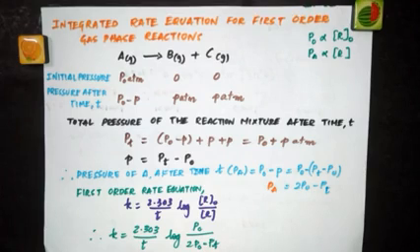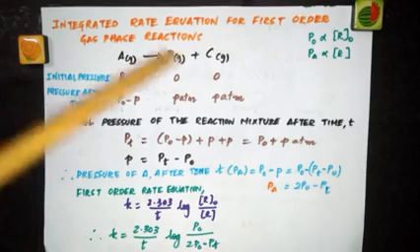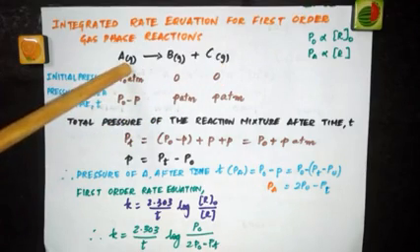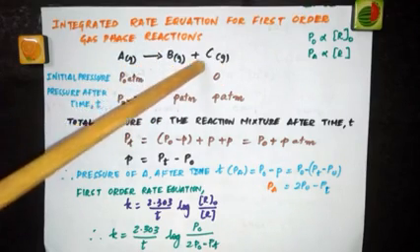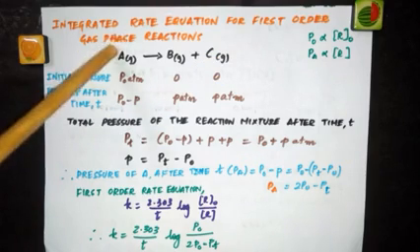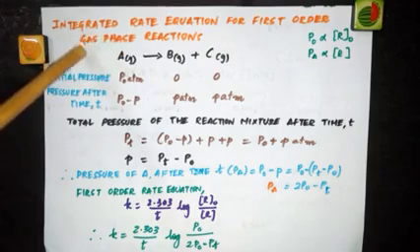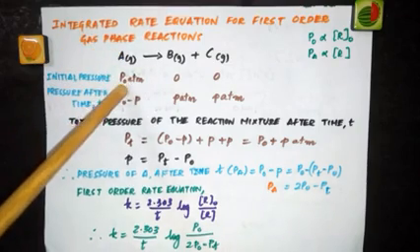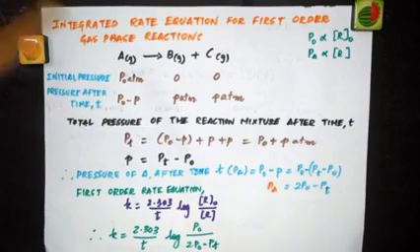Let us consider an example of a first order reaction taking place in gaseous phase. See, A in gaseous phase giving B plus C. Now let the initial pressure of A, the reactant here, be P naught atm.